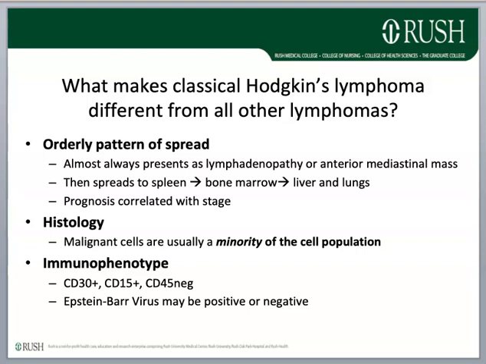The malignant cells are usually a minority of the cell population, which is somewhat counterintuitive to other neoplastic diseases. And finally, there's the unique immunophenotype. The Hodgkin cells are positive for CD30, CD15, and are negative for the leukocyte common antigen CD45. Another feature is the association with Epstein-Barr virus, which may be either positive or negative.